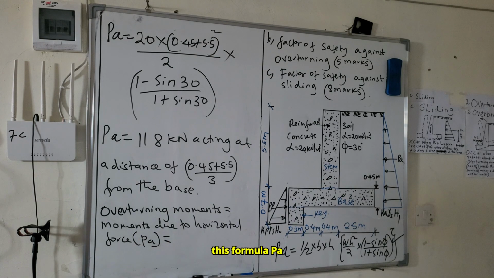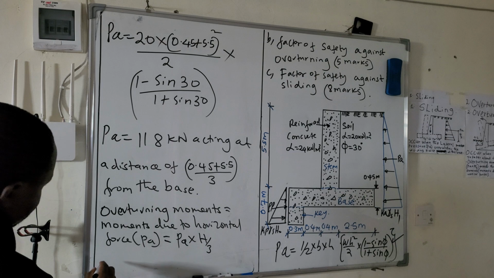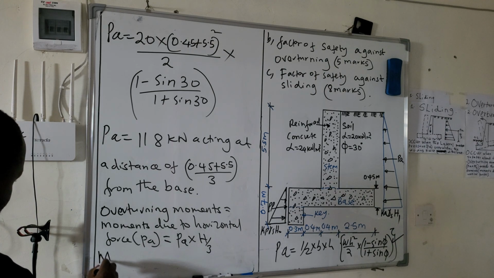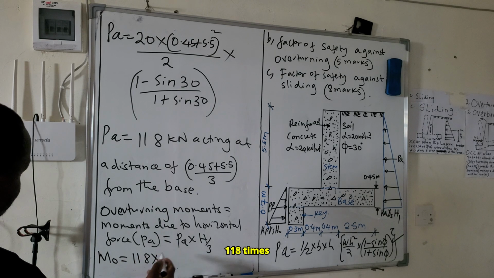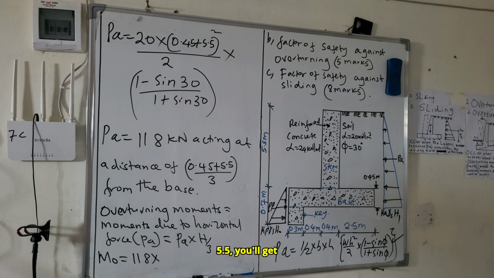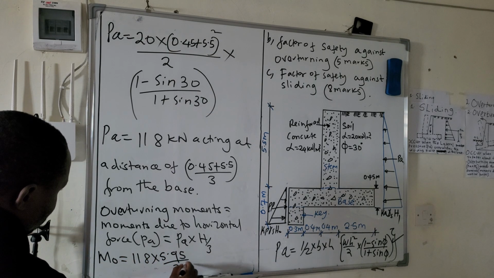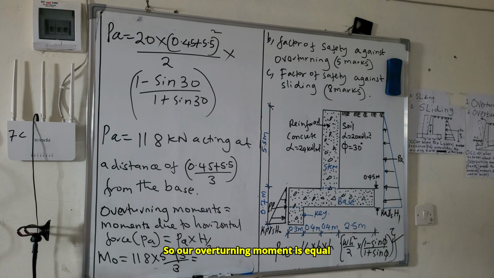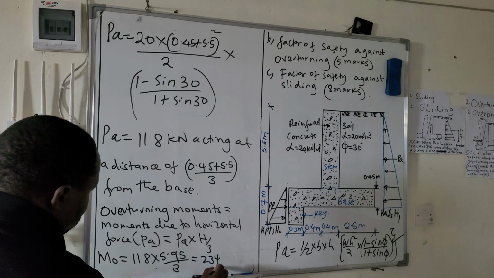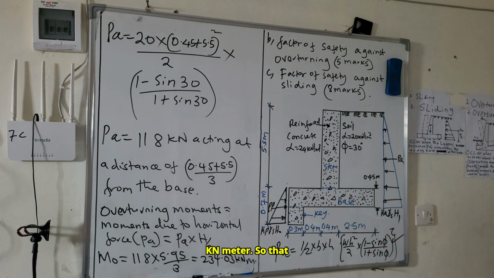So it's given by this formula, PA times H over 3. So overturning moment is equal to 118 times, if you add 0.45 plus 5.5, you'll get 5.95 over 3. So our overturning moment is equal to 234.03 kilonewton meter. So that is our overturning moment.